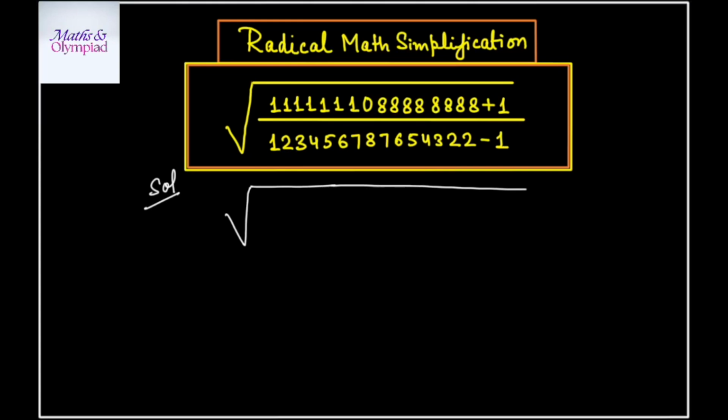Now I will write 7 times 10 as it is, 4567 0.